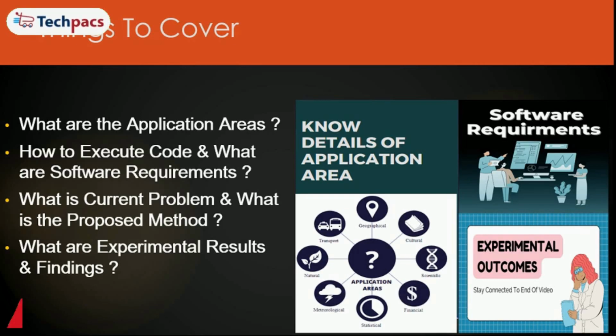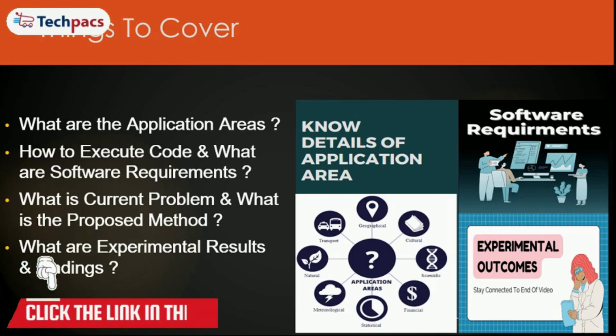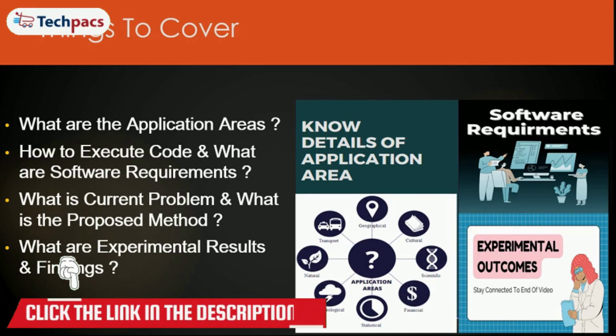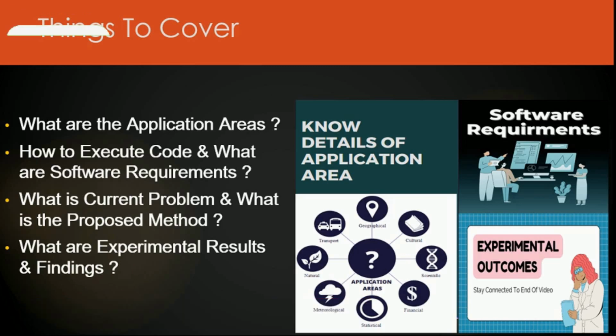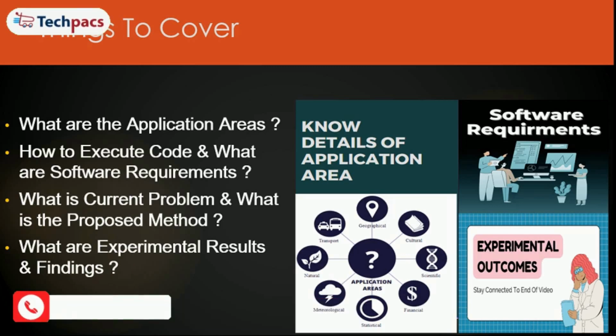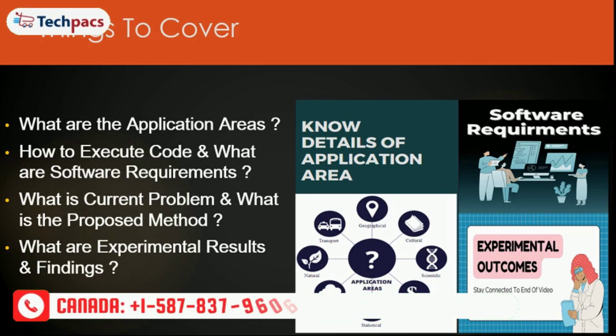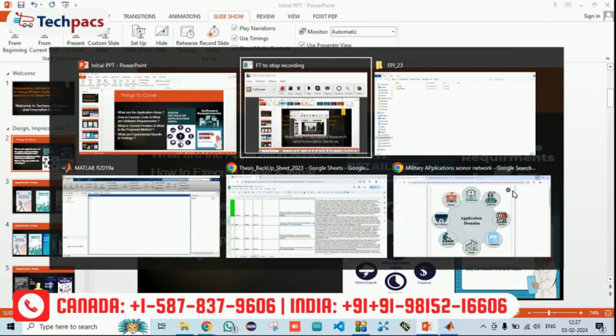Then we will discuss what current systems are working on in the same domain, what problems are identified in them, and how the proposed work is assisting the research area to get improved outcomes. Finally, an overview of the experimental outcomes and the findings will be discussed. So let's initially talk about the application areas.